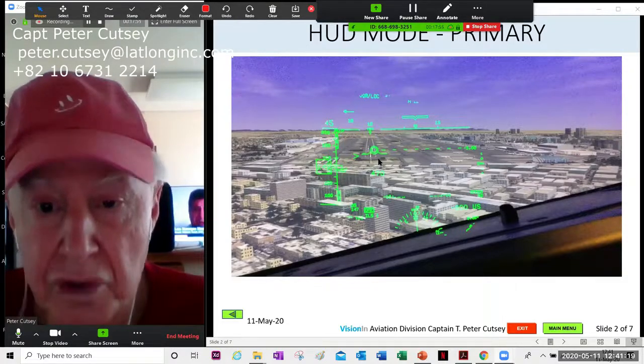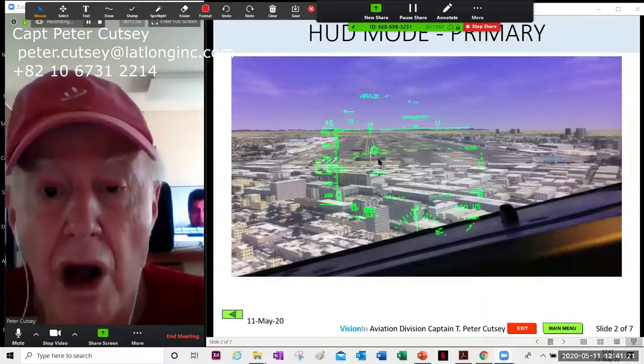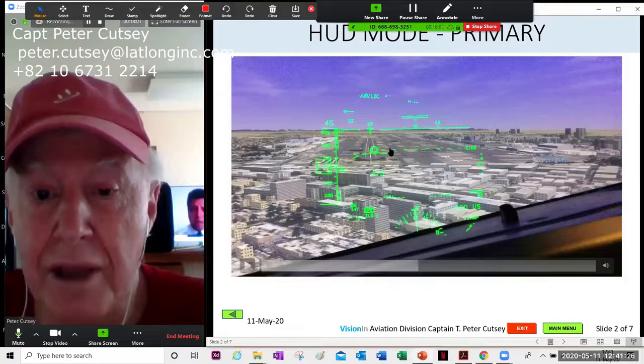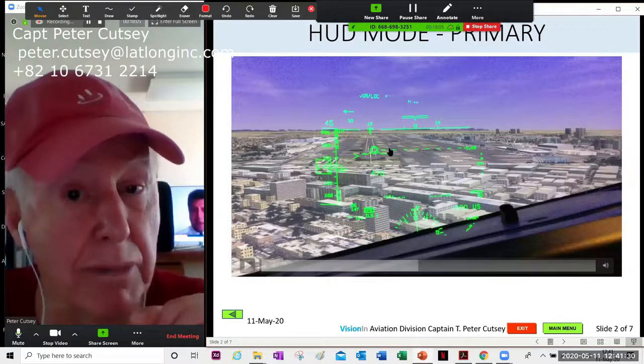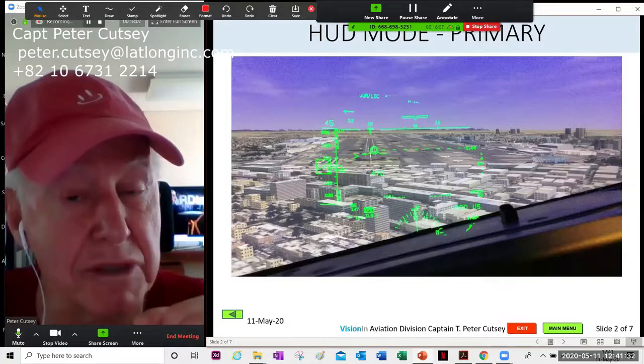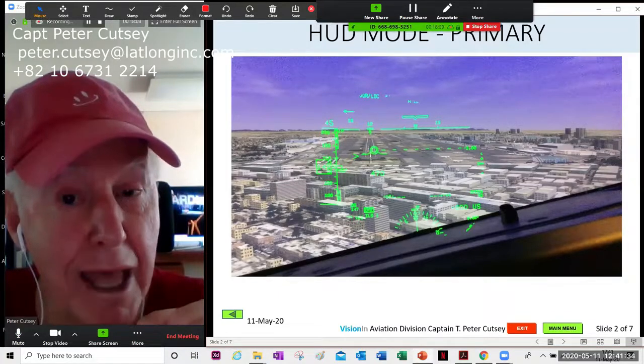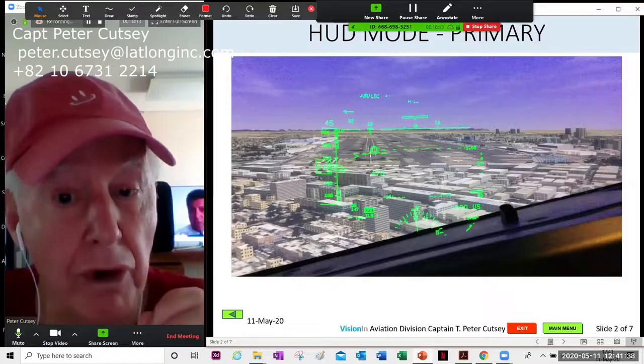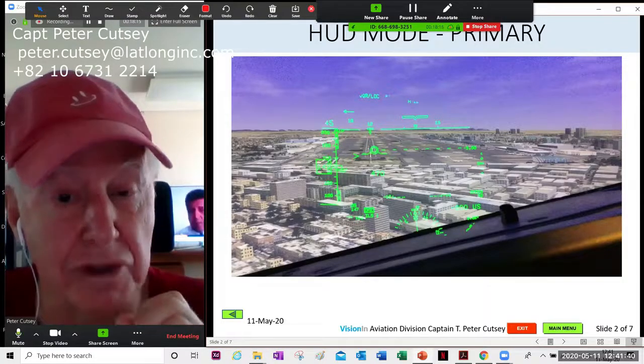And once you get sure, you'll get more confidence in the fact that you're using a flight path symbol as a flight path vector. That is that flight path that we talked about when I first started this briefing. It's not pitch, it's a flight path. That's the path your airplane is making with respect to the horizon.